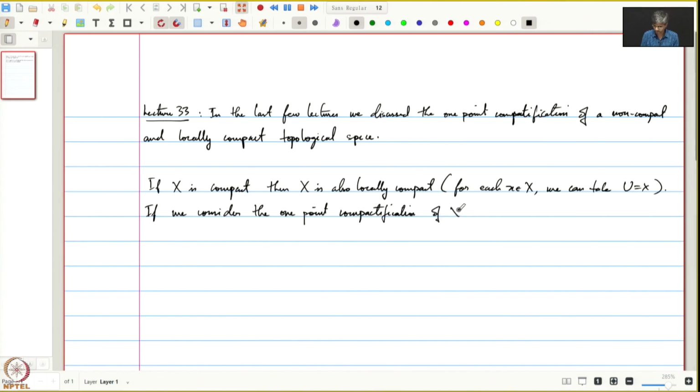And if you consider the one-point compactification of X, we construct it in the same way.